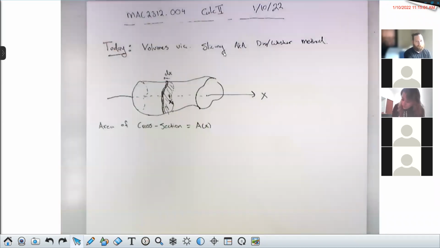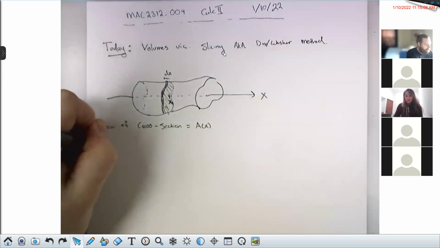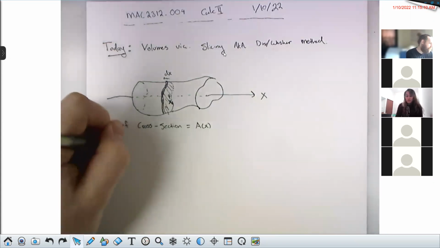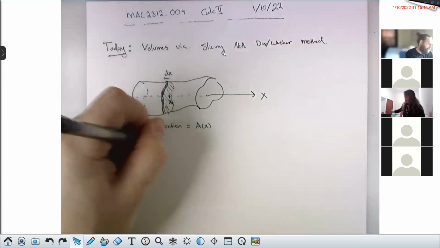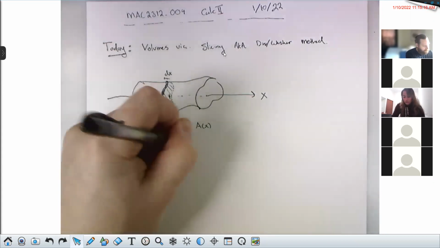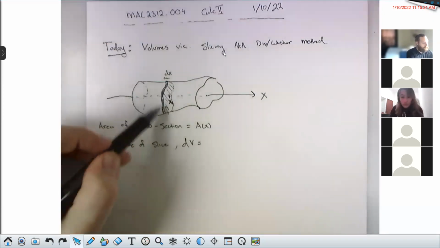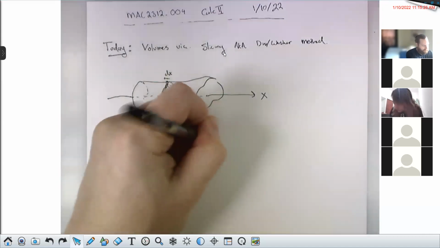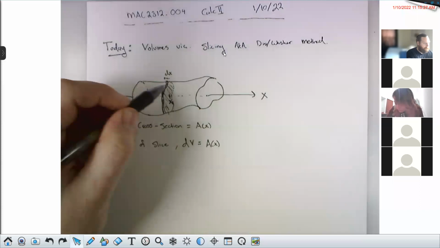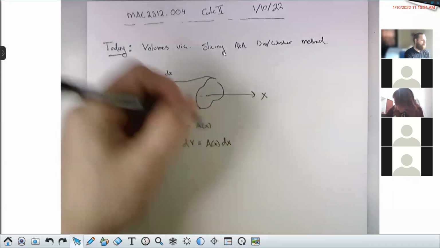then we can say the following things. The volume of that slice, which I will call dV, is the area of this cross section times the thickness of the cross section. So that's A of x times dx.